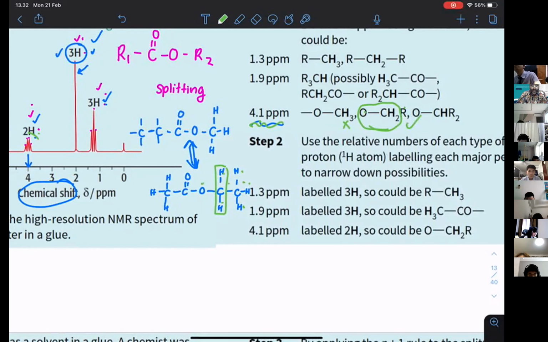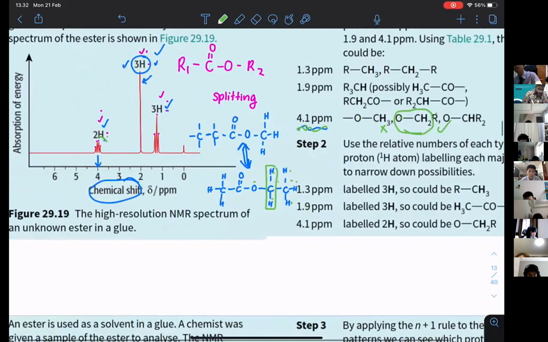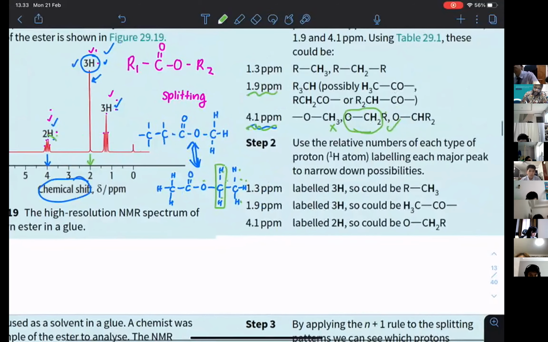Now look at here. 3 hydrogen and around 1.9. Look for 3 hydrogen. CH2, no, we are looking at CH3. And this one, CH3CO. It belongs to that. And you know that there is no neighbor hydrogen, therefore there is a single peak.